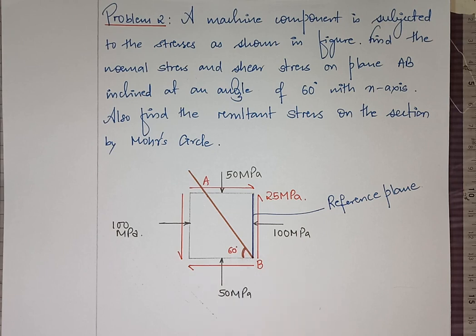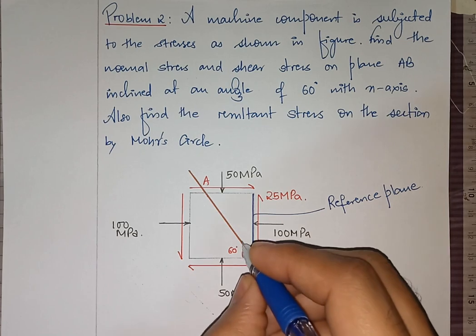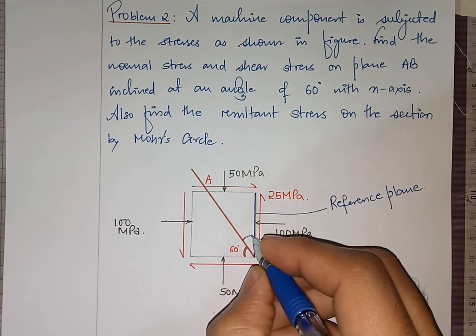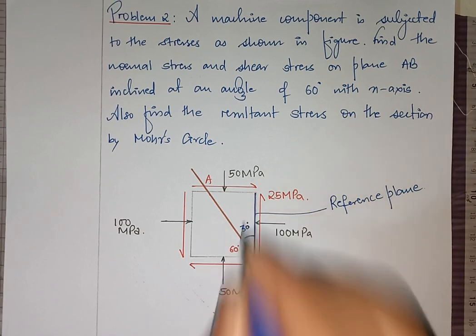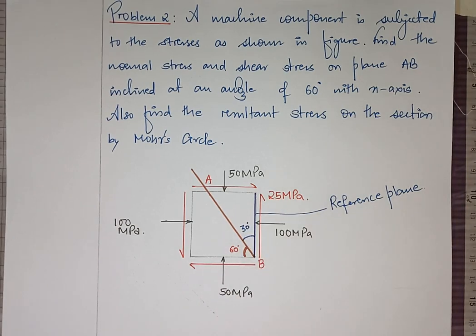So what is the remaining angle? The remaining angle will be 30 degrees, because we know that 60 plus 30 makes a sum of 90, and 90 is the angle between these two mutually perpendicular faces.